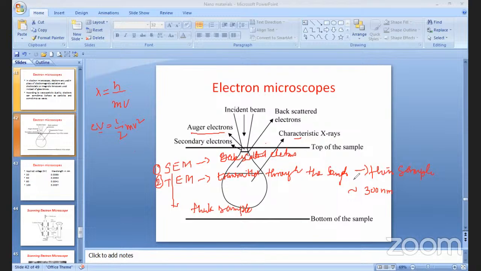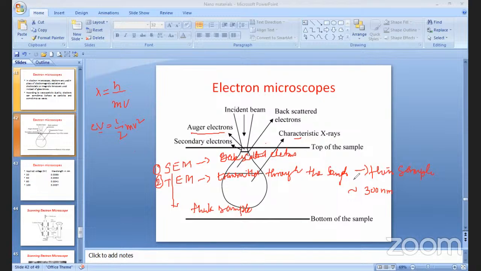Both these microscopes use electrons which need to reach the sample without getting scattered by air. That means the electrons, whether transmitted through a sample or backscattered, should pass without getting scattered in the air.